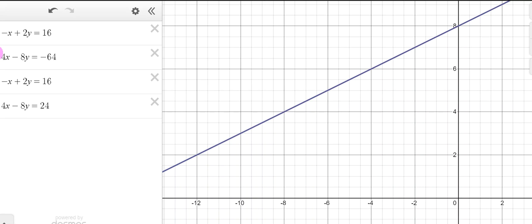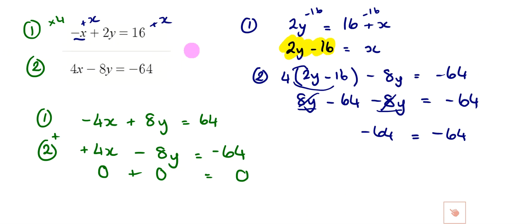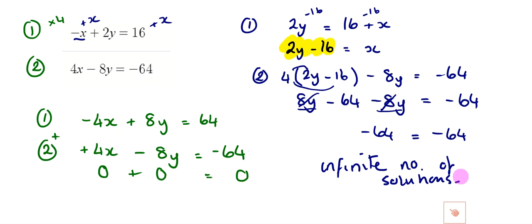So one of them is just the equivalence transformation of the other one. So what we actually say here, in this case, is not that we can't do it, it's that we actually have an infinite number of solutions because it's true for every value of x and y because they're basically the same line, right?